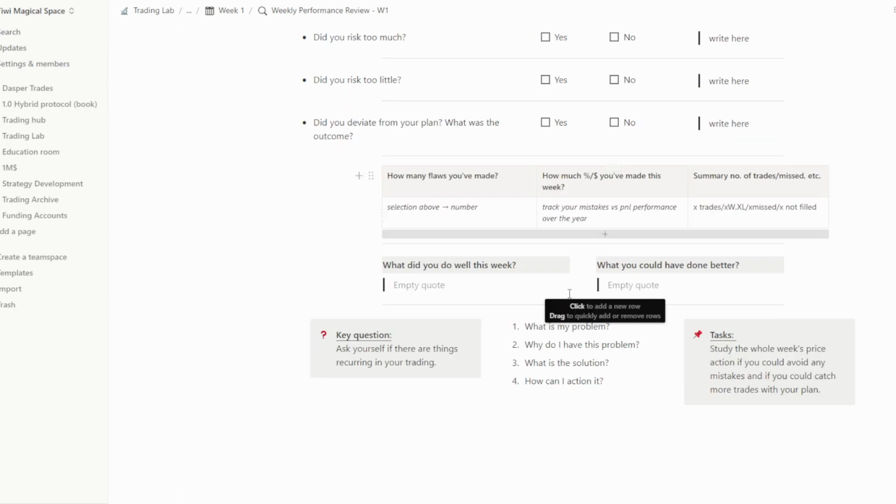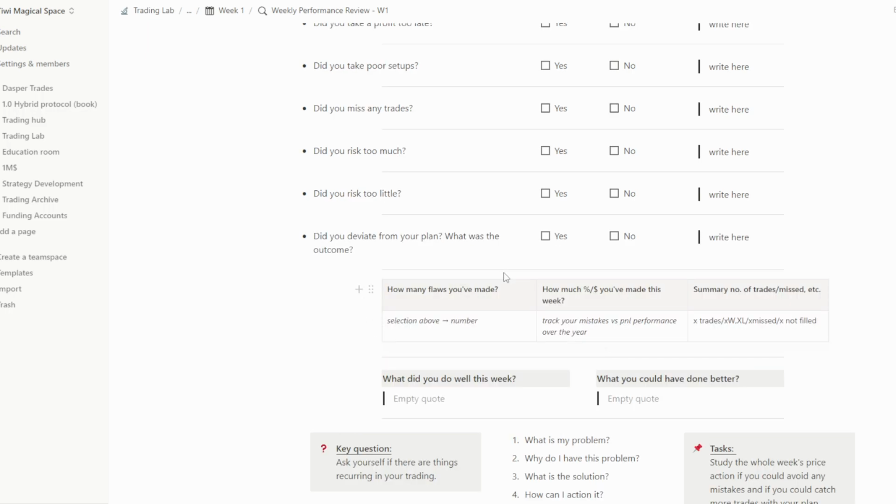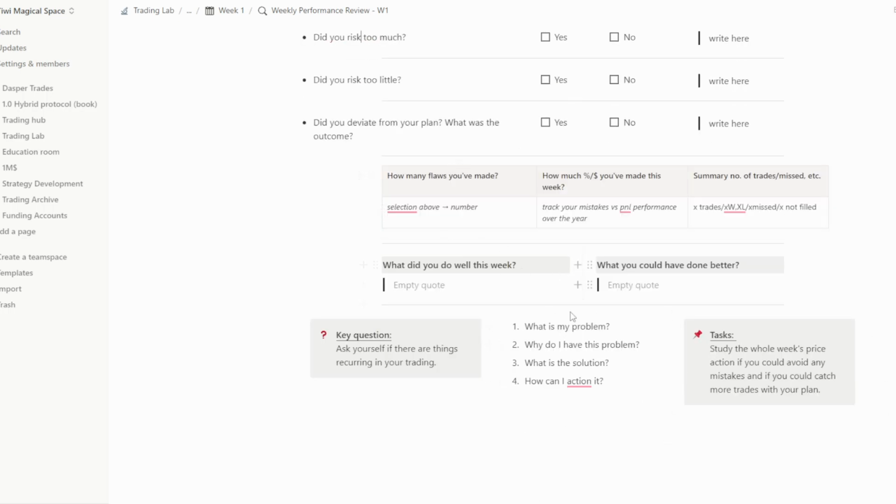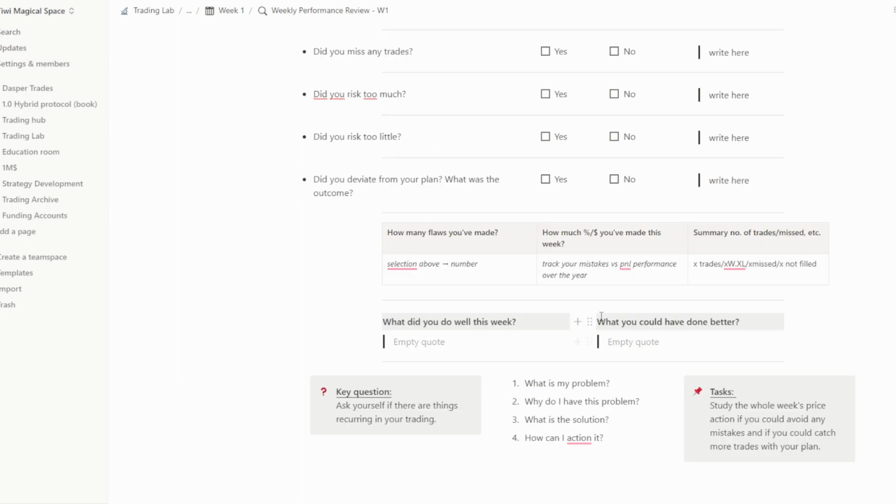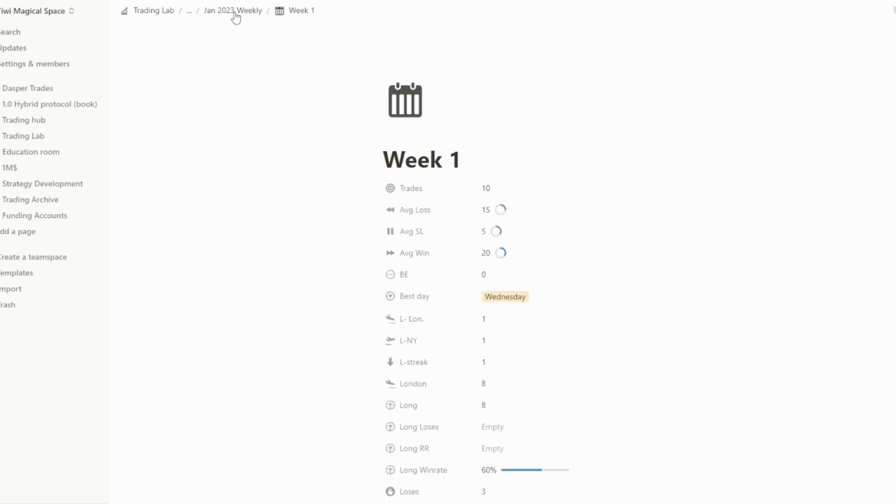And if I have some recurring problem, meaning maybe I'm risking too much, then I write down what's behind my mind, and what steps I need to take in order to remove that kind of flaw in trading.